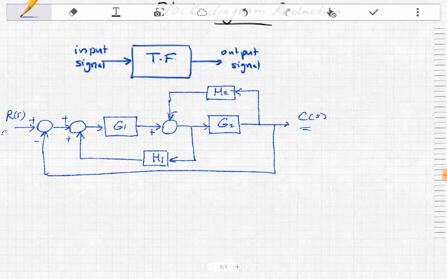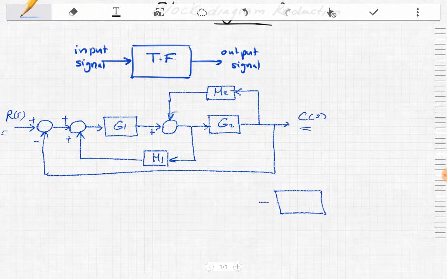In this example, you just need to reduce everything to one block, with R(s) as the input signal and C(s) as the output signal, and you want to find what's inside this block. This is the objective of today's lecture.